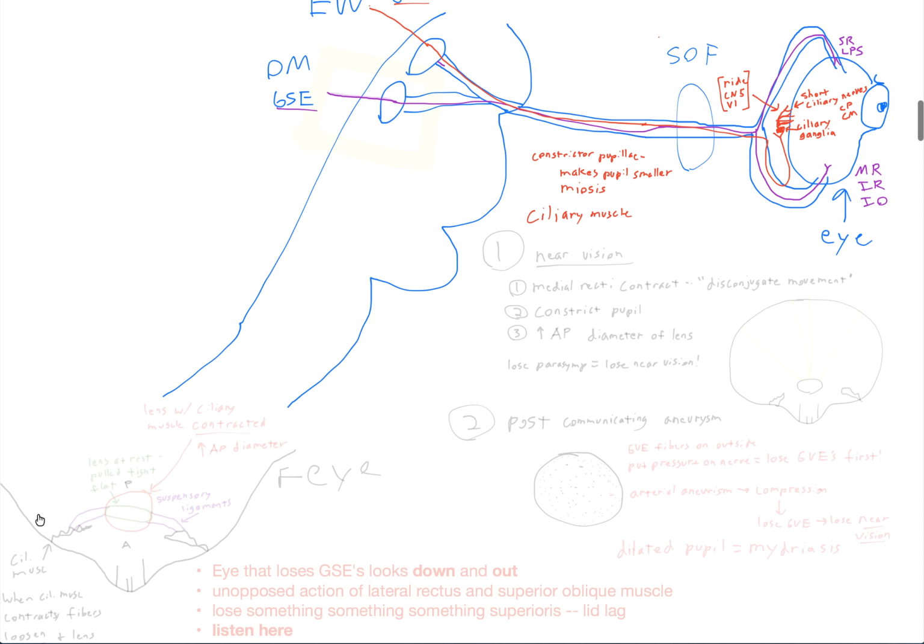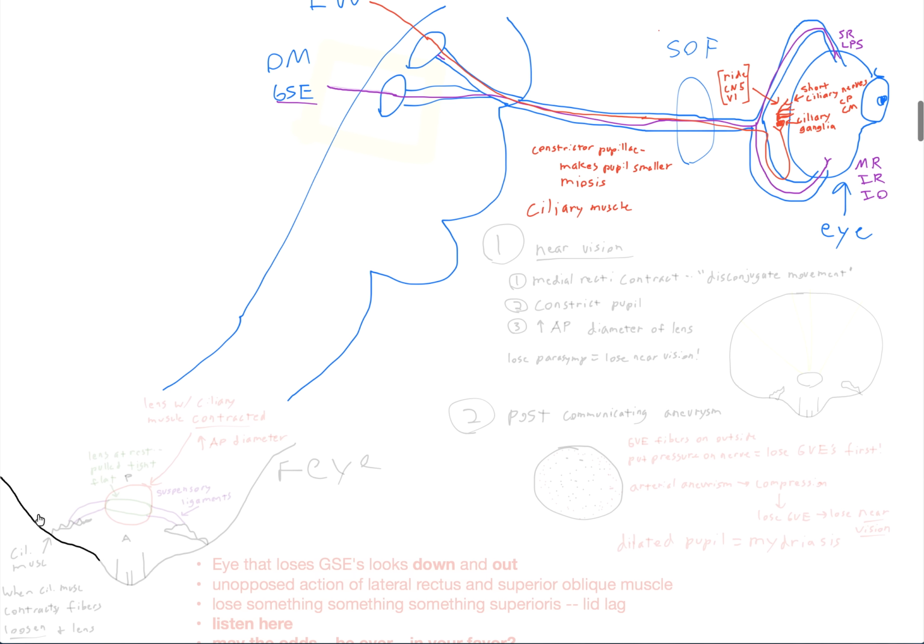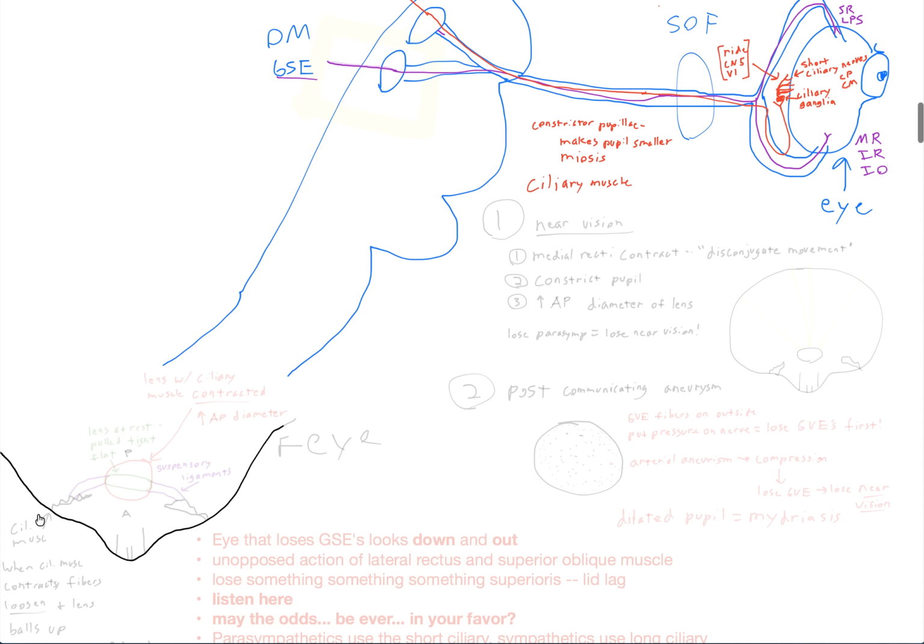They function to control the diameter of the lens, which is situated right behind the pupil. So what happens is that the ciliary muscle is suspended to that lens by the suspensory ligaments. Have y'all done this in histo?